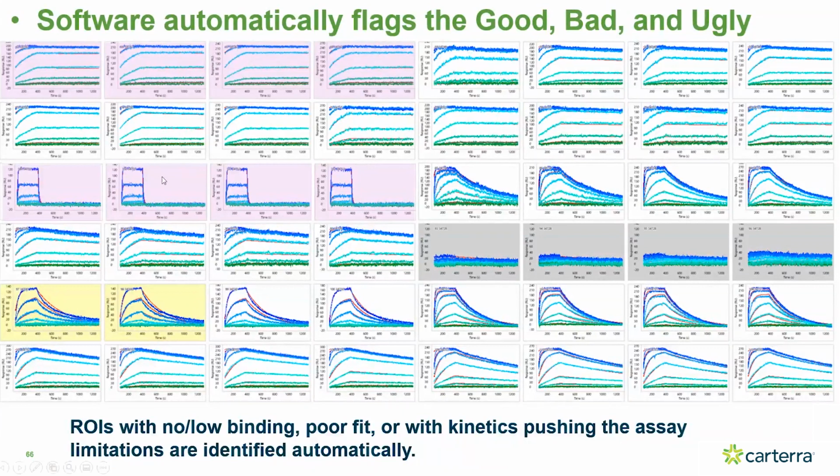Similar here, we have an example where the software thinks we did not inject a concentration of antigen above the KD of the interaction that it's estimating. So essentially, you haven't injected a high enough concentration of antigen to fully describe the interaction. I think this clone was about 750 picomolar, and we only went up to 1 micromolar of antigen.